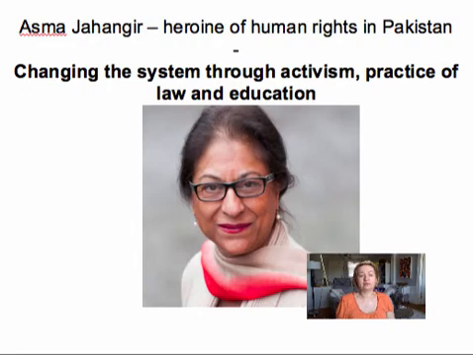She attempted to change the system through activism, but also through the practice of law, because she was a lawyer. If you want to learn more about her, also have a look at the video. You have a link in the PowerPoint slides under this particular slide.